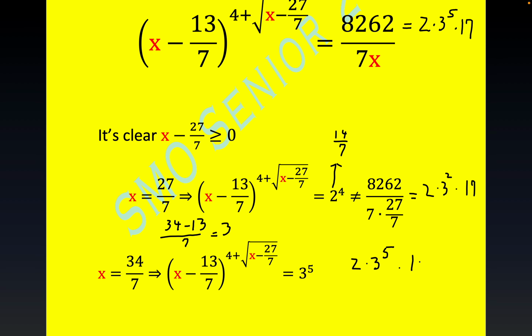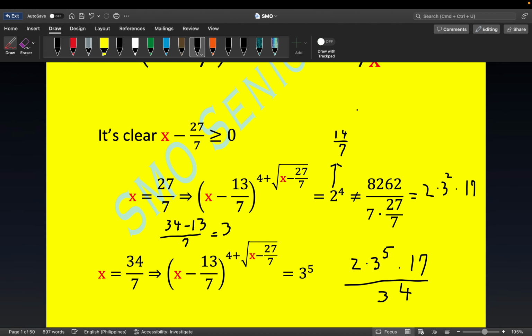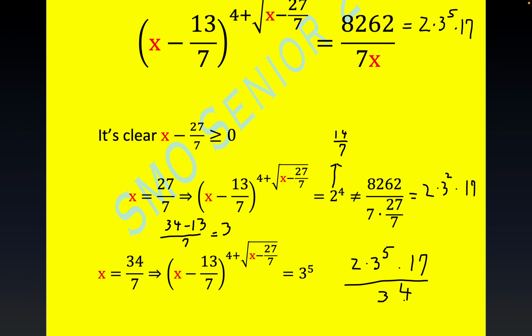Now the bottom part is just going to be 34 over 7, and that cancels, so here you get 34. If you put 34 over 7 where x is, all that's left is 34. And so you can see that 2 times 17 is 34, so this does equal 3 to the 5th.